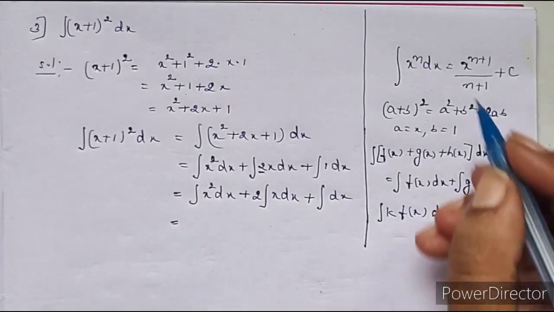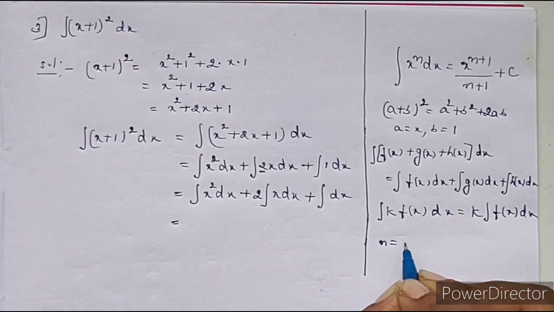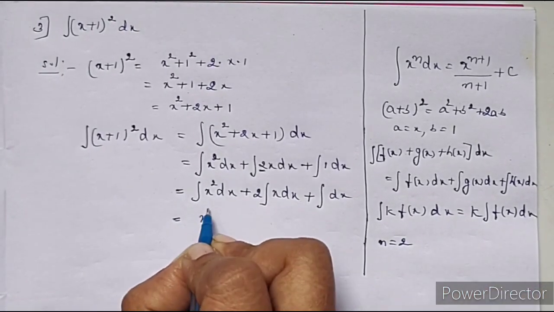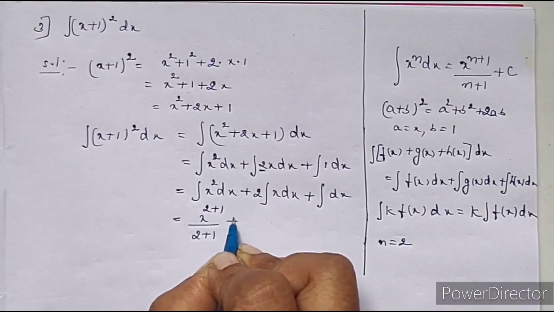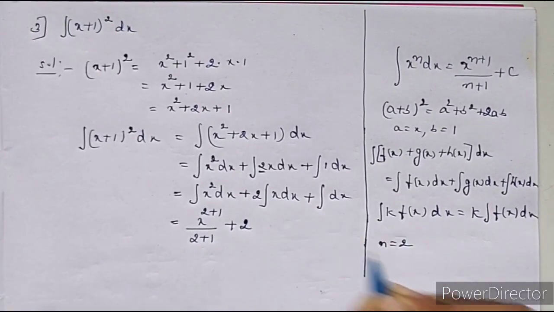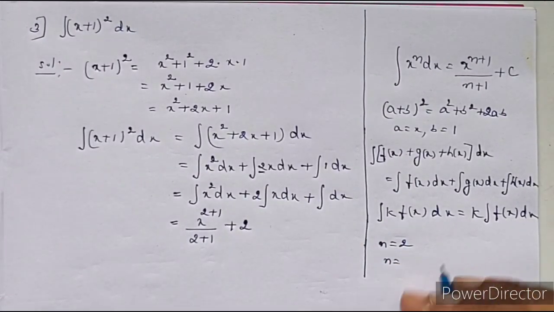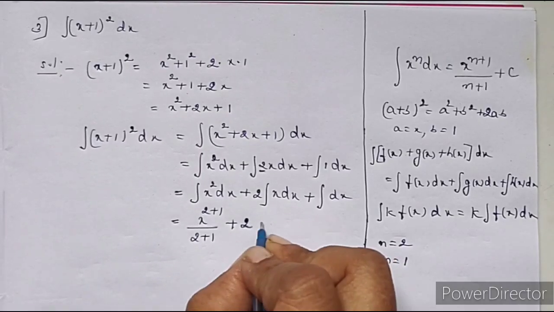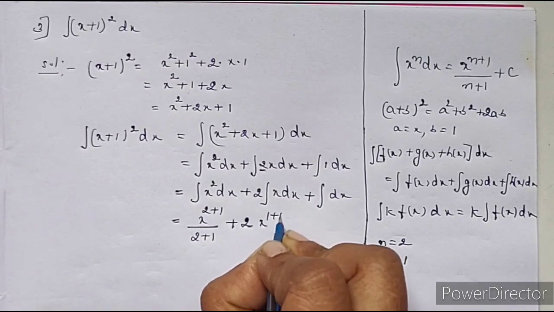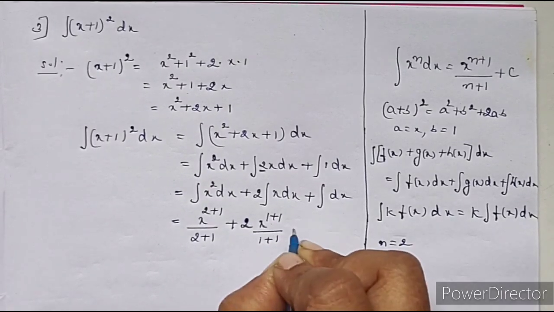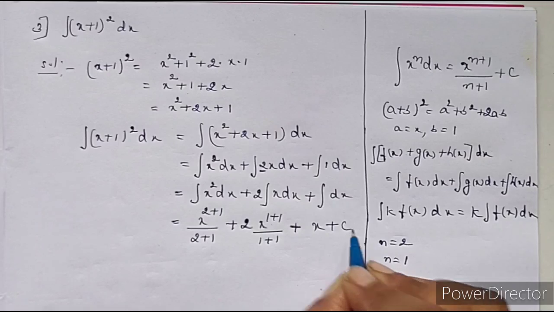Now you apply the standard formula, x to the power of n, in the first integral. What is the value of n? n is equal to 2. So x to the power of 2 plus 1 divided by 2 plus 1, plus 2. In the second integral, what is the value of n? There is no power written, so it means x to the power of 1. So it is x to the power of 1 plus 1 divided by 1 plus 1, plus integration of dx, which is x, you know that, plus the constant of integration.